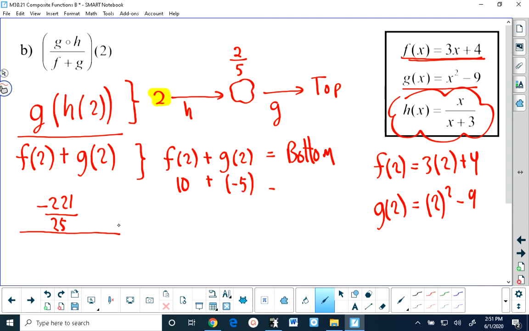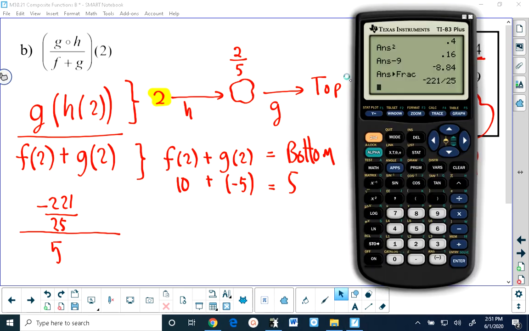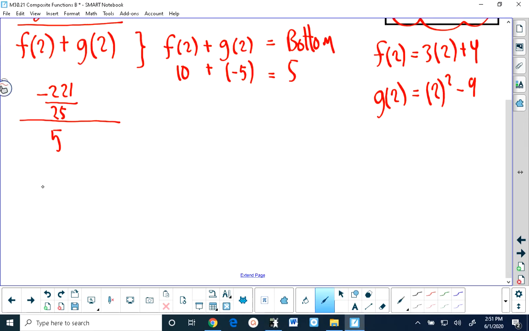So when we add those together, we get 5 on the bottom. And now we can figure out what negative 221/25 divided by 5 is. In fractional form, it's negative 221/125. And that is our answer.